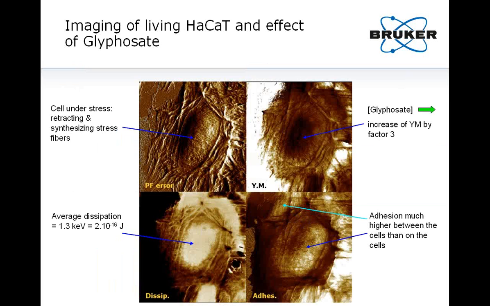So the next sample is focusing on keratinocytes. Keratinocytes are the major components of the outermost layer of the human skin. They are able to make tight junctions with neighbor cells and even with other cell types such as neuronal cells, and represent the main barrier against UV radiation for the human body.